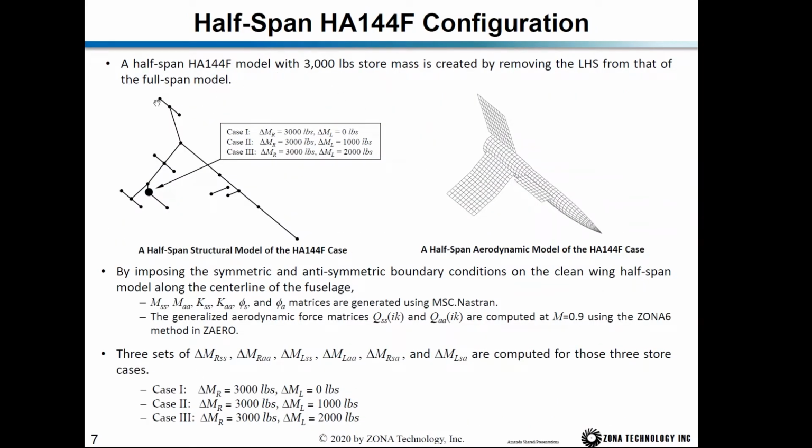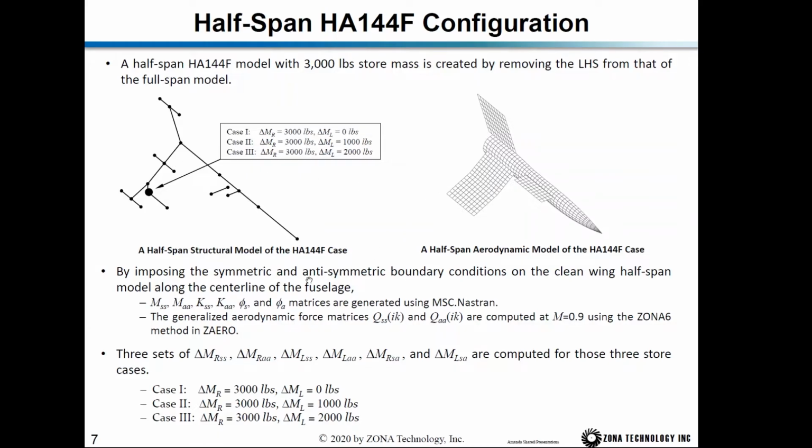And so we have a half span model. Then we have 3,000 pounds here, and then we generate the symmetric modes and anti-symmetric modes. Also, we have a half span aero model.